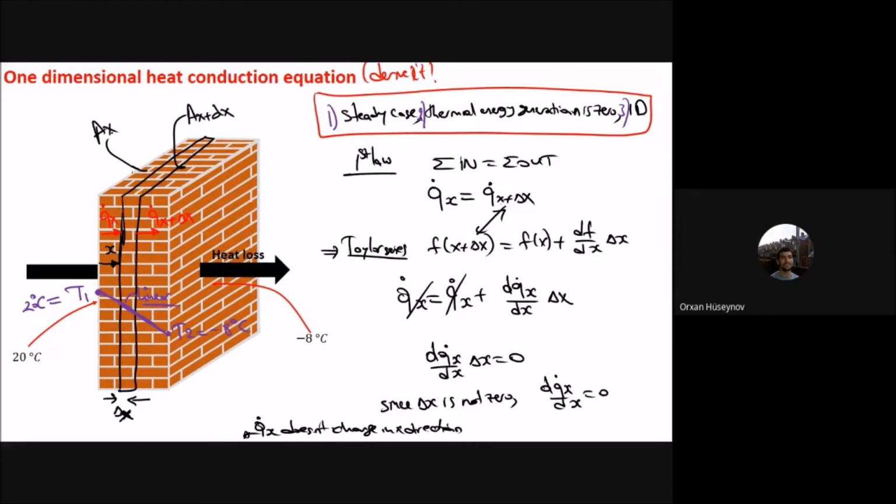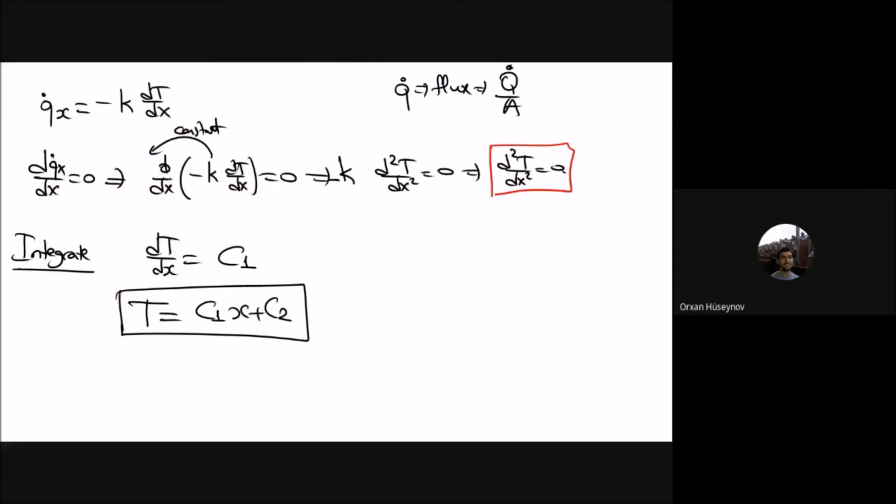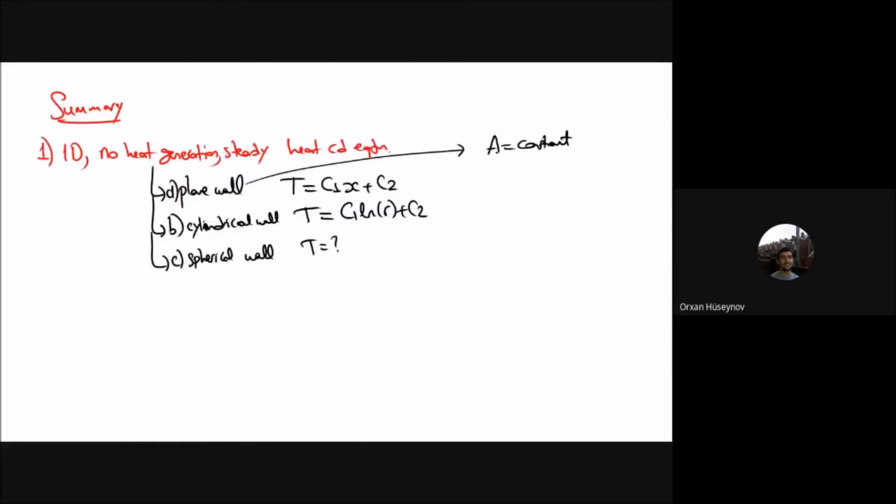The area at x is equal to the area at x plus dx, because this one is the height and this one is the width, and that combination doesn't change when you move in the x direction. For the plane wall, the area was constant.